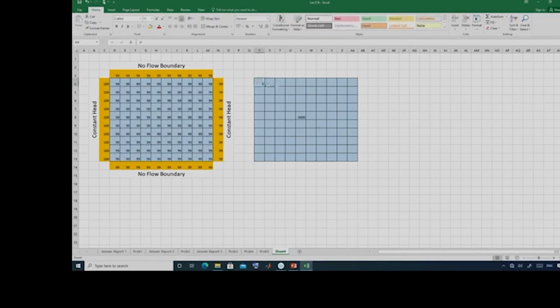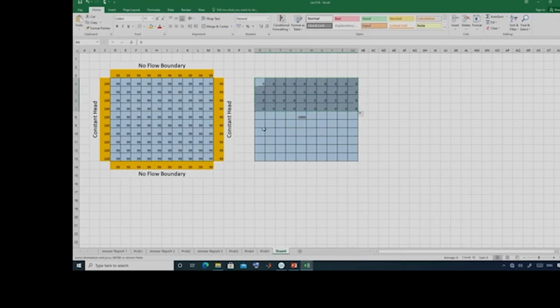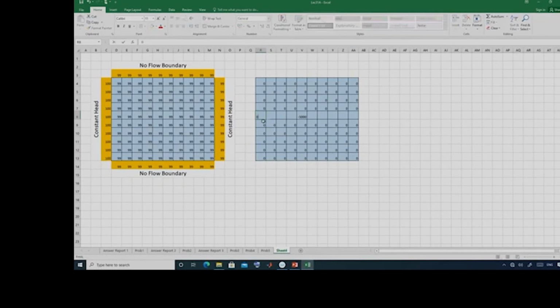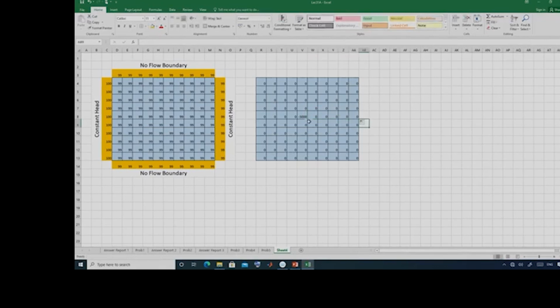You can put it, or otherwise you need not put it also. If you are not putting, then also it will consider 0. So, these are all zeros. I have only one pumping here.